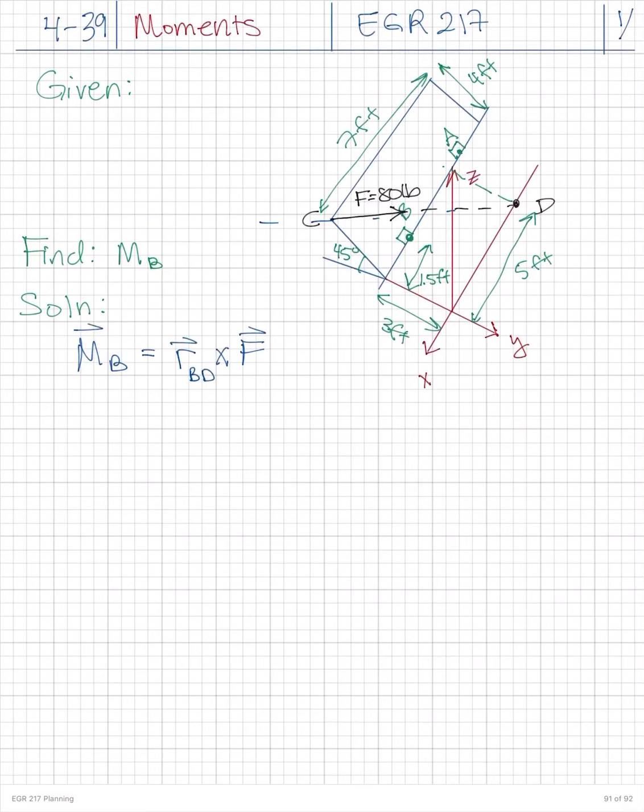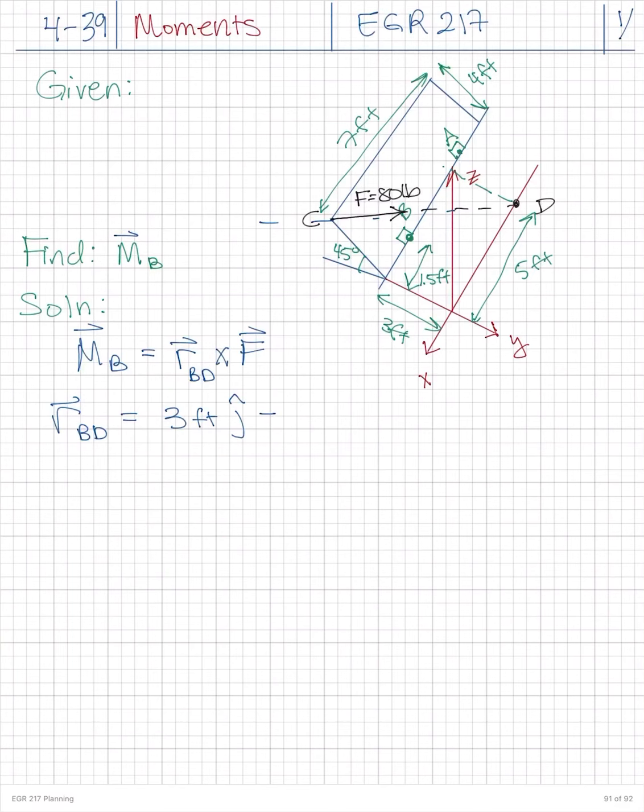And so we'll need to know that position vector from B to D. I'm just going to start with that. From B to get over to D, we're going to go 3 feet in the Y direction, which would be J. And then to get over to D, we need to go in the negative X direction.